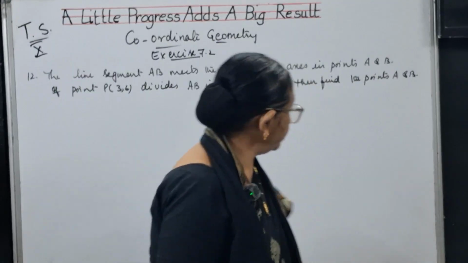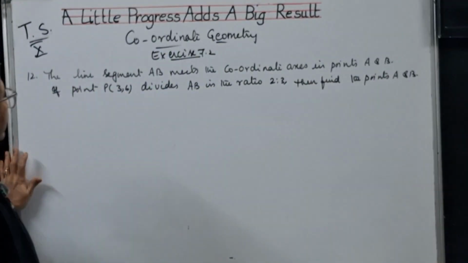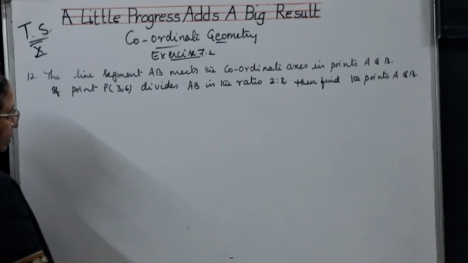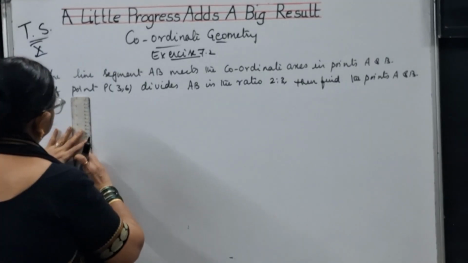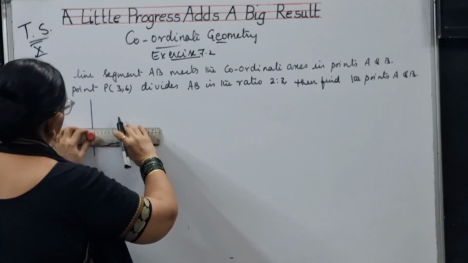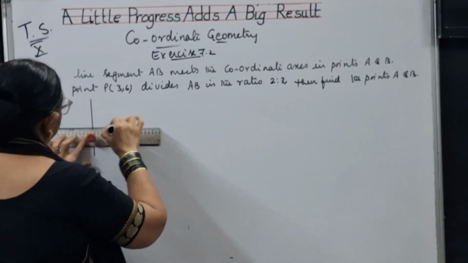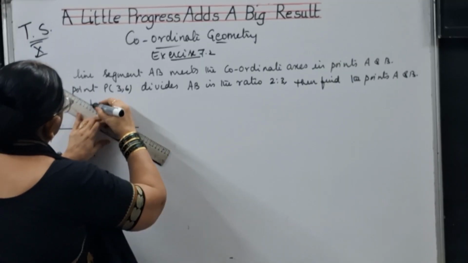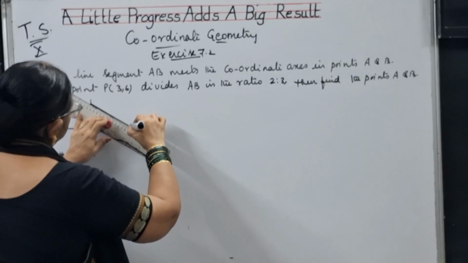Now 12th problem. The line segment AB meets the coordinate axes in points A and B. Coordinate axes means what, children? X and y axes. They are coordinate axes. That means you have got a line segment.